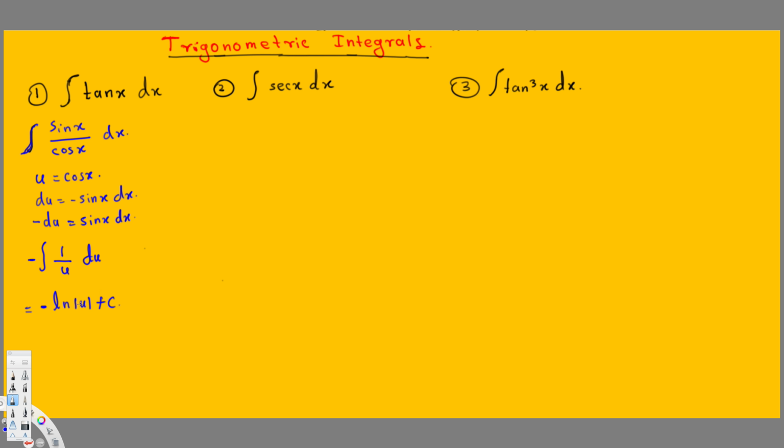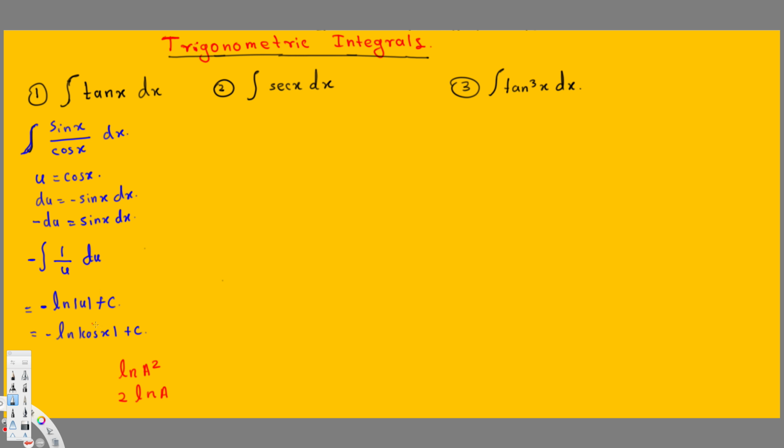Then all I have to do is replace the u with cos x. So this is going to be minus ln cos x plus c. Also, whenever we have ln a squared, we can write it as 2 ln a, both are the same thing. Here we have a minus 1 in front, so I can do the reverse pattern.